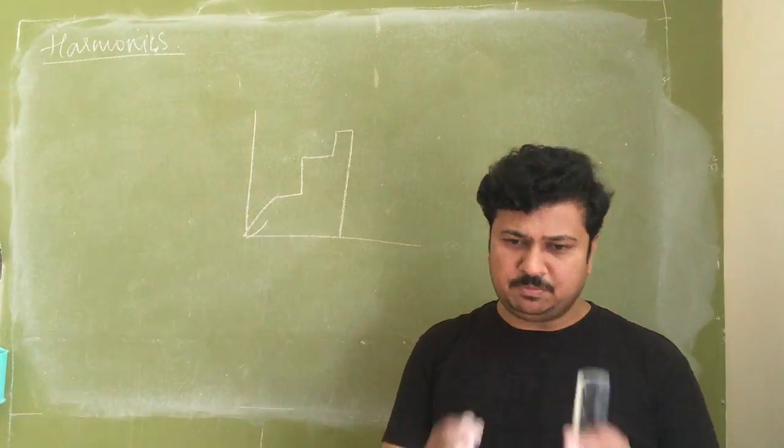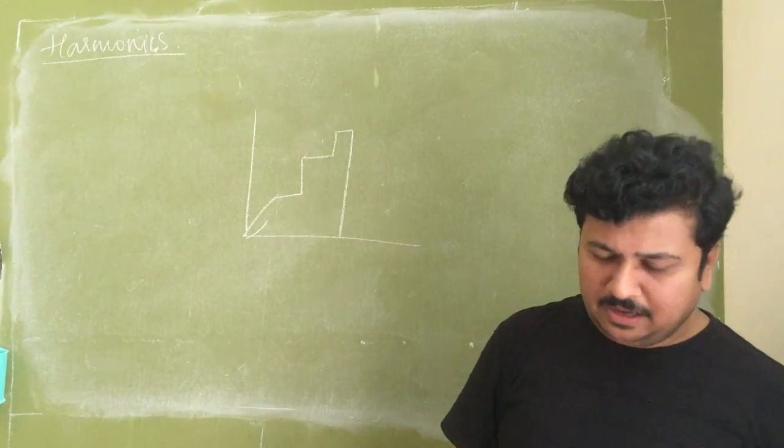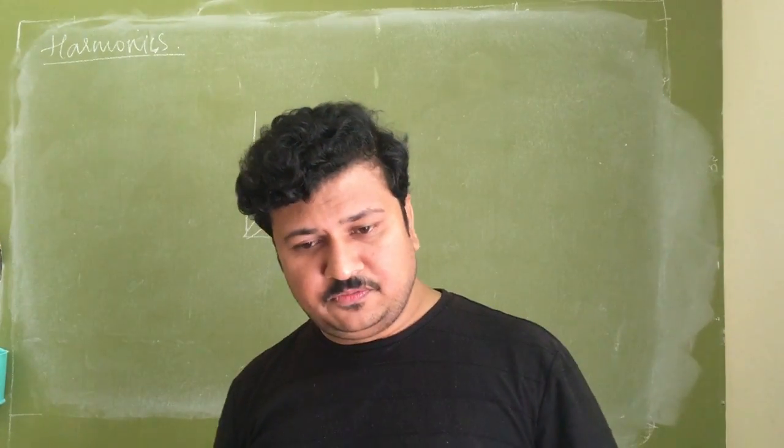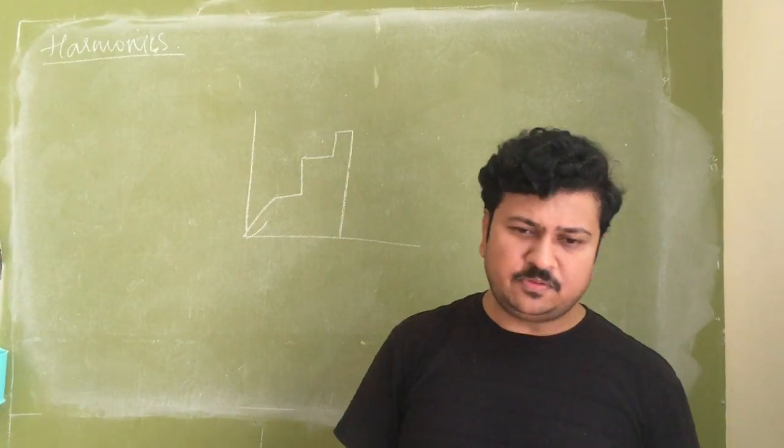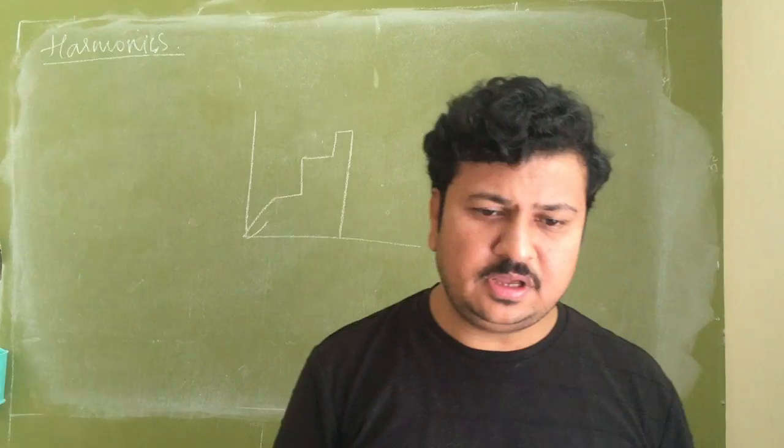Harmonics have a particular definition. Harmonics exist for periodic waveforms. We call them harmonics for periodic waveforms. Why?